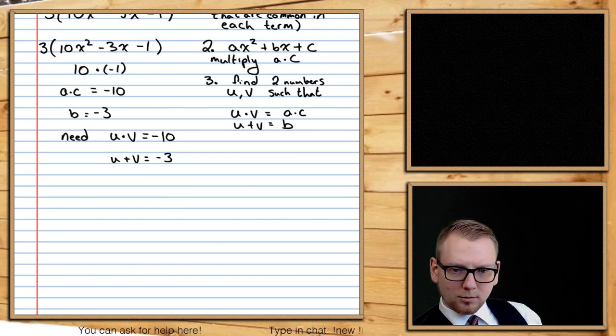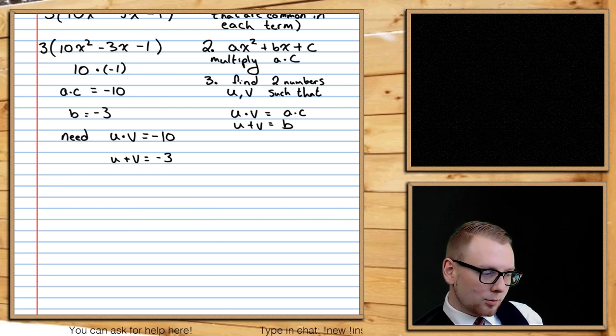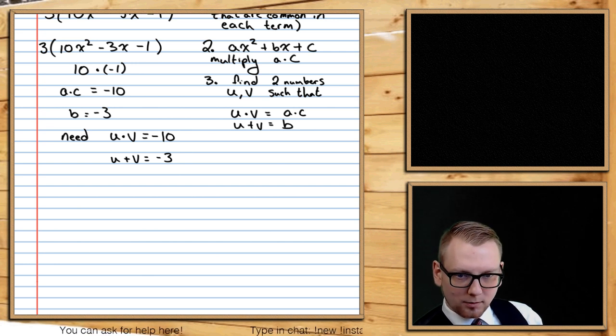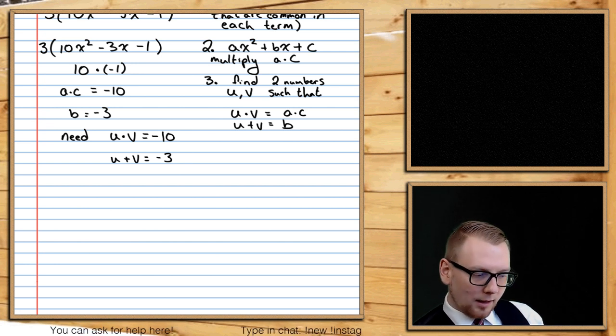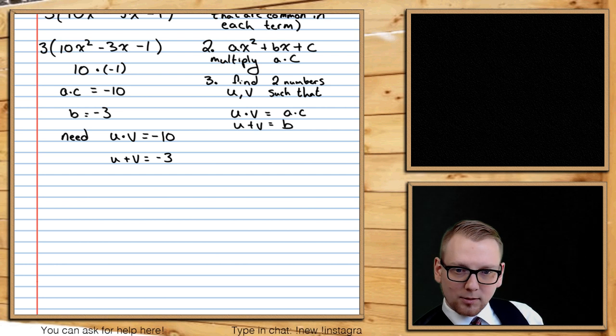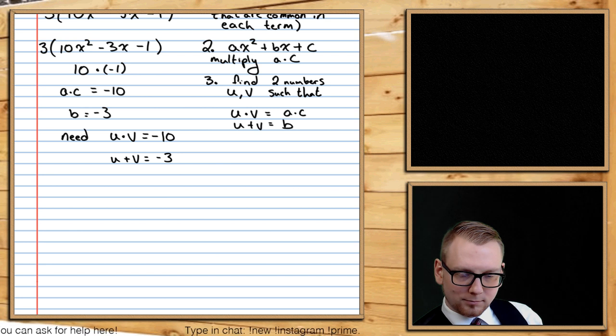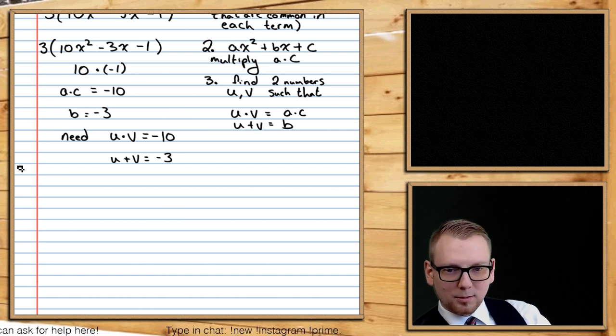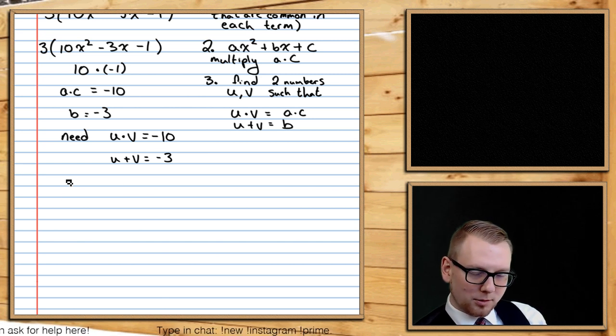No. We need to find the two numbers such that they multiply to give you minus 10 and add to give you minus 3. We haven't done that part yet. You're jumping the gun a bit.